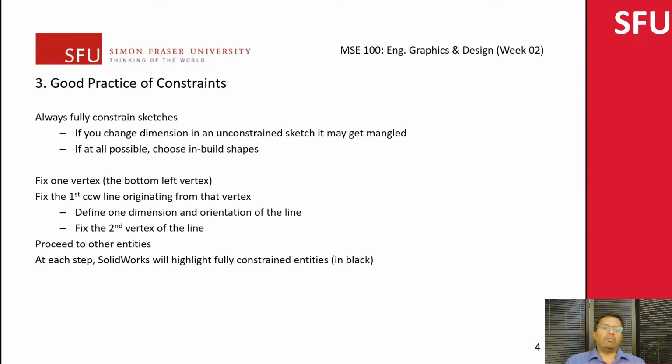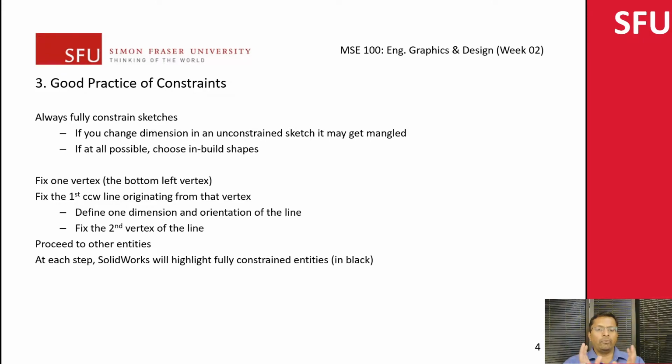You don't have to follow these, but it makes it easier if you define the bottom part and fully constrain the bottom first, and then go in the clockwise direction and start defining the lengths, the orientation, and so on with respect to one of those points. You can also go clockwise or counterclockwise, and as soon as you look at it fully, you will define it.